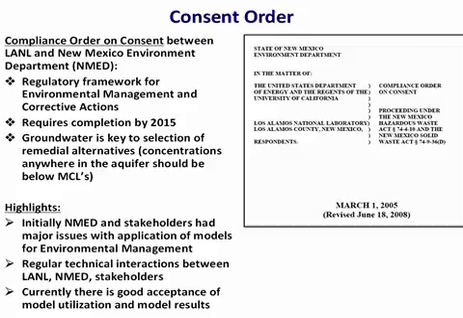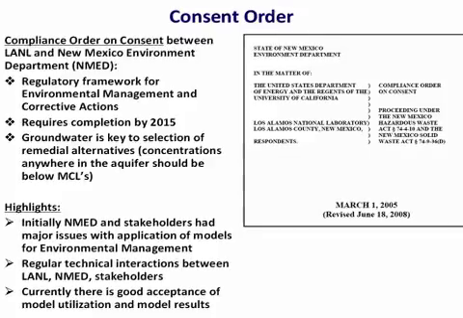From the regulatory point of view, as I mentioned, there is a consent order between Los Alamos and the New Mexico Environment Department, which drives most of the work conducted at the moment. The goal is everything should be completed by 2015.